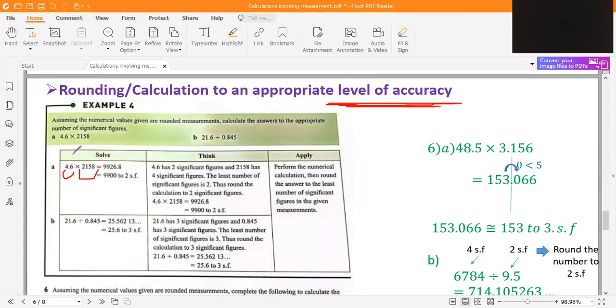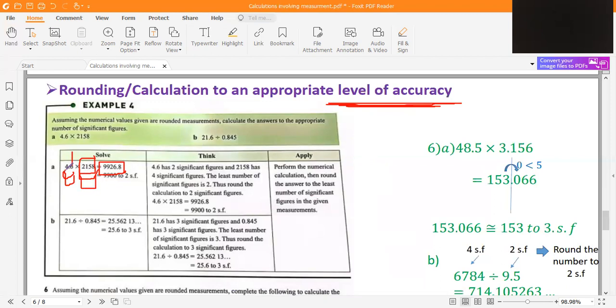We have here one decimal place, and here a whole number, so with 0 decimal places. So we calculate our numerical results and we round to the level of accuracy, which is here 1 decimal place, or 2 significant figures here, and here we have four significant figures.